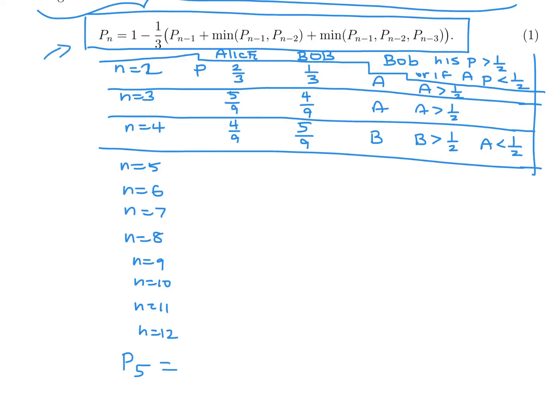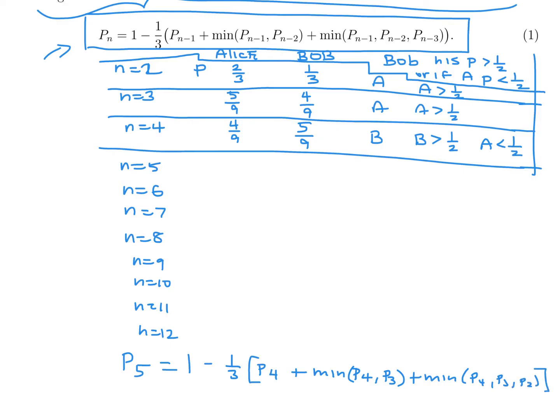So P5, according to that, would be 1 minus 1/3 P4 plus the minimum of P4 and P3, correct? Plus the minimum of P4, P3, and P2.